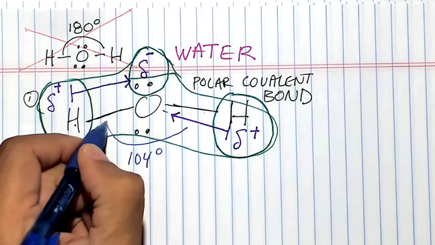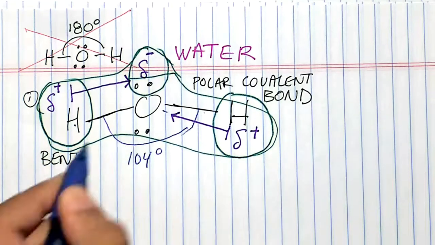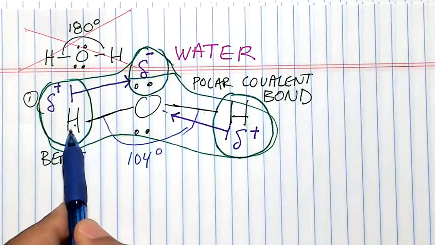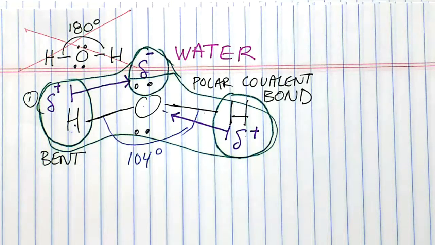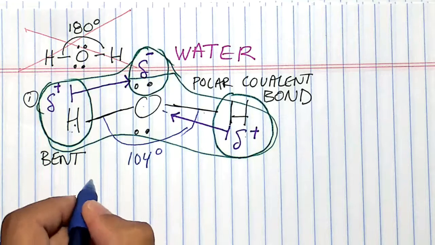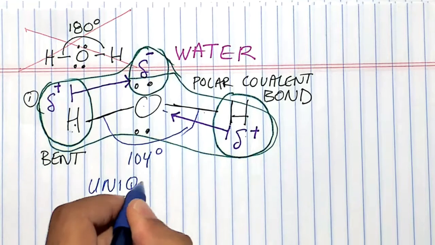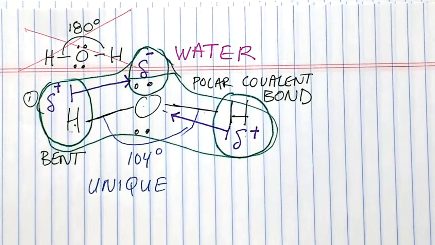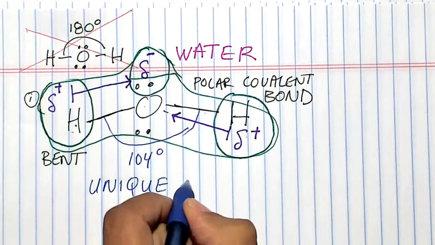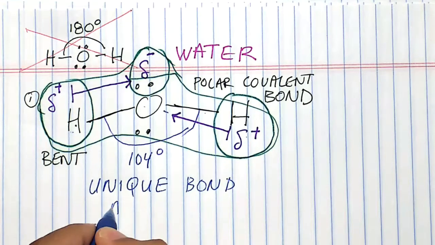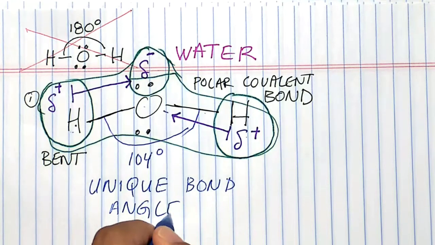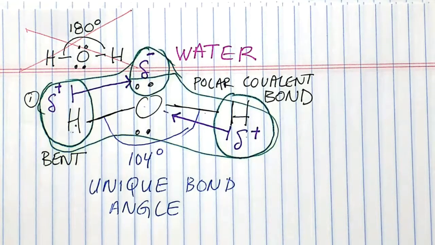Again, I do not know the exact bond angle, but the angle between this H and that O and that H is about 104 or so degrees, and that bond angle is unique. Okay, so a very unique bond angle for the water molecule implies some unique characteristics and unique properties of it. So a unique bond angle resulting from the bent geometry.